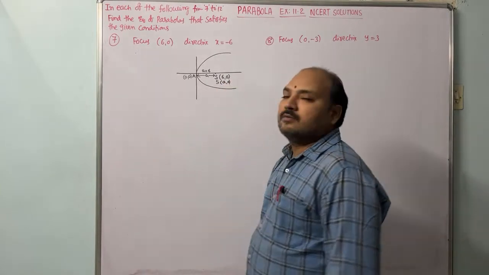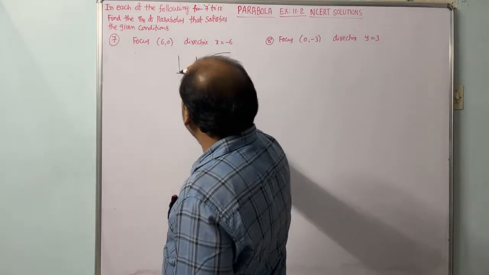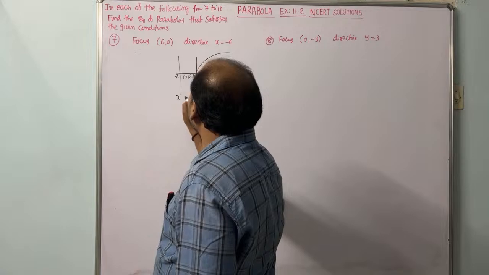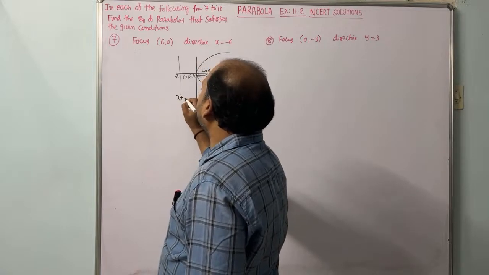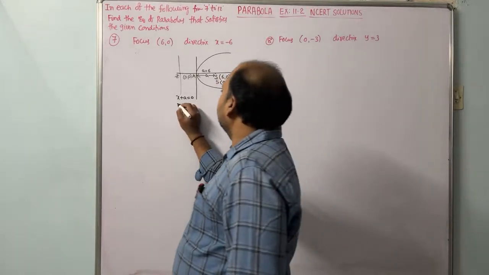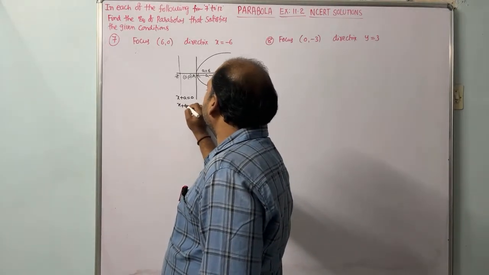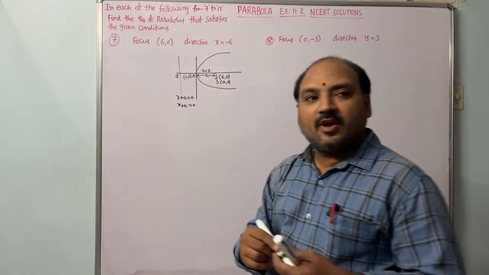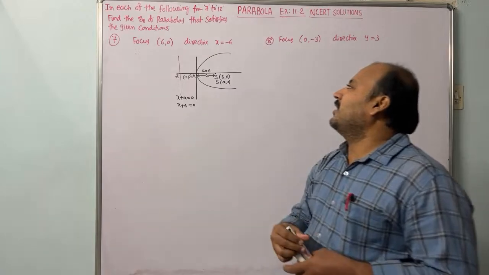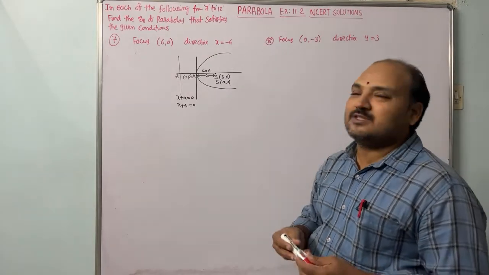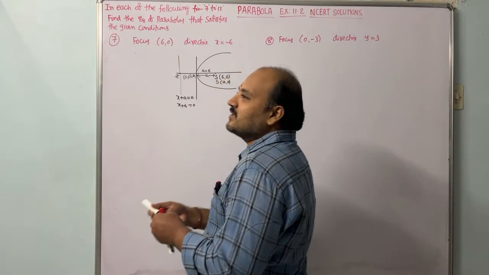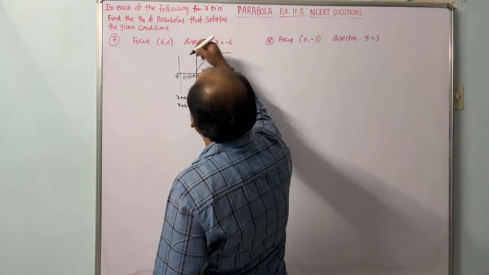The directrix will be here: x + a = 0. According to the question, x = -6 means x + 6 = 0. Directly we can write a = 6, so y² = 4ax. But we need to follow the geometrical condition, dear students. We will do it easily.